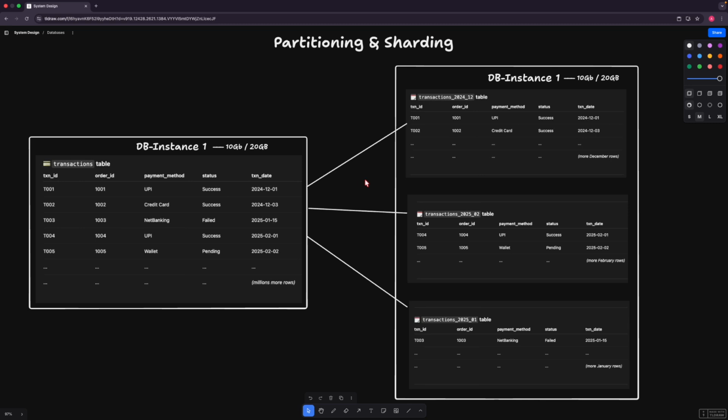Now, when will we have an issue? Though we got efficiency in the query response time, after a couple of years, as the data grows within the same database instance, we have a limit for increasing the vertical space of a database. So vertical scaling has a limit.